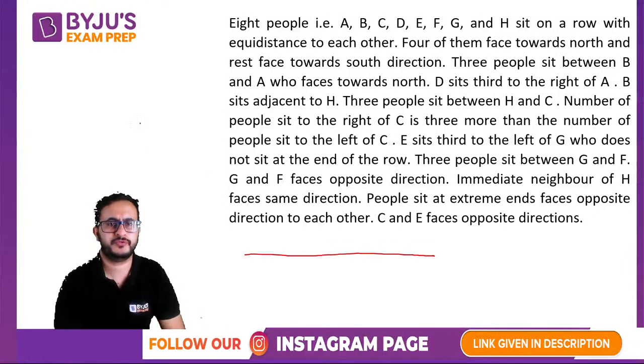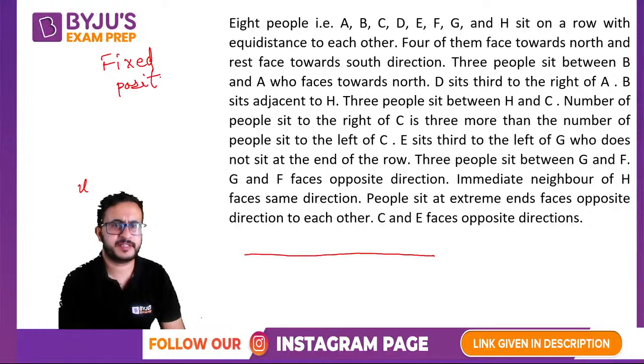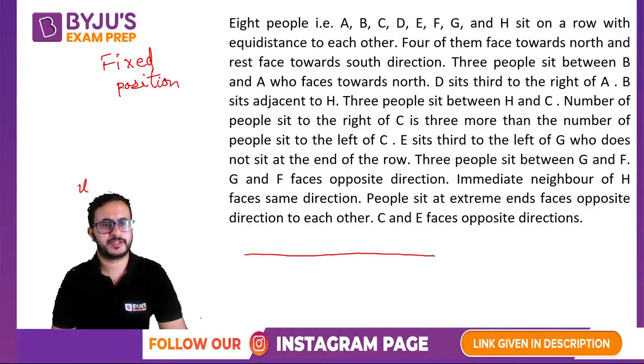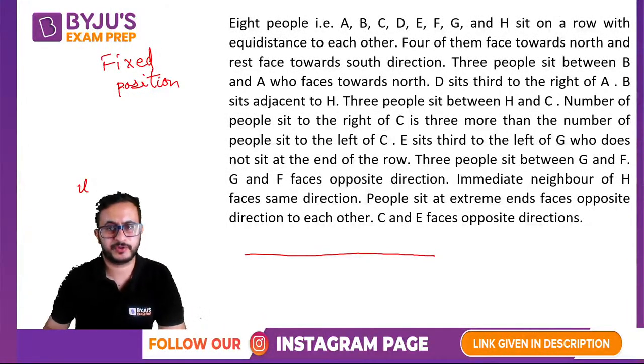We should look for something that gives us a fixed position. If we know that a person is sitting at a particular position, that helps us solve this question. So if you look at all the statements, only the fixed position of C is known.